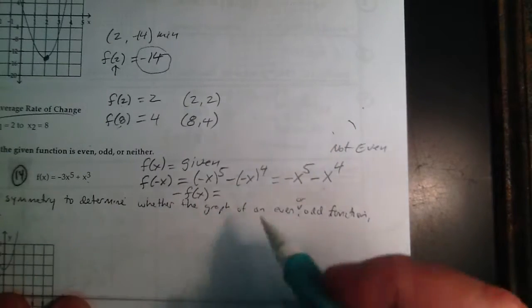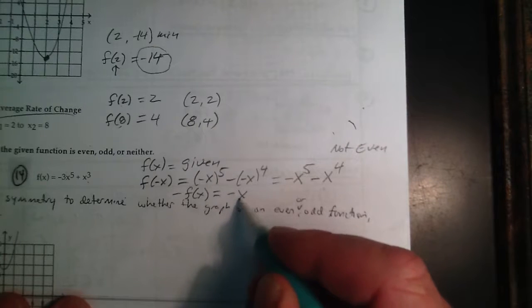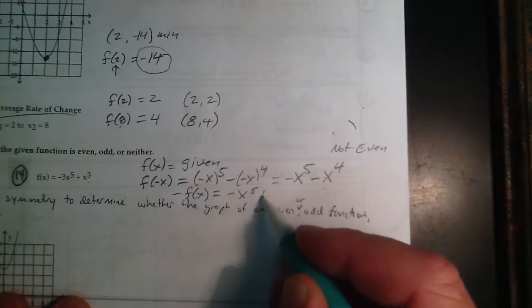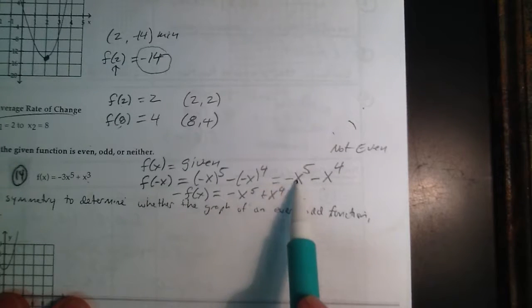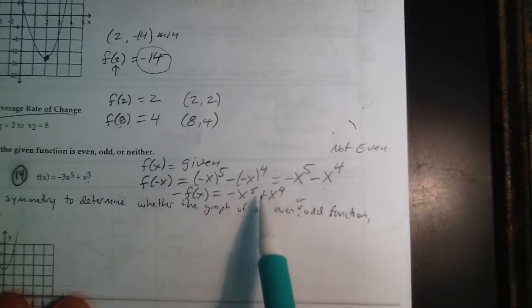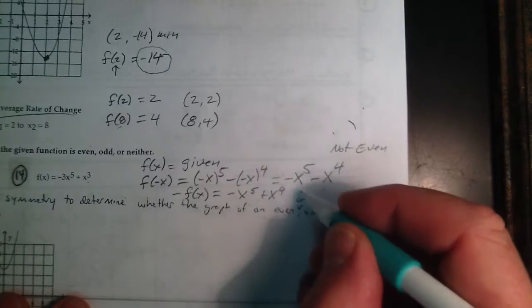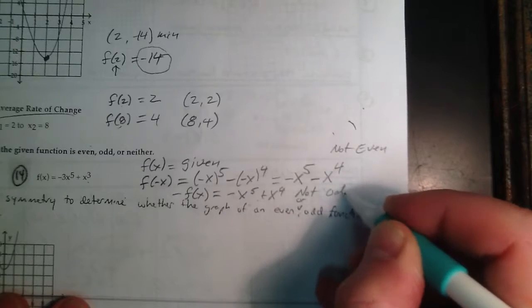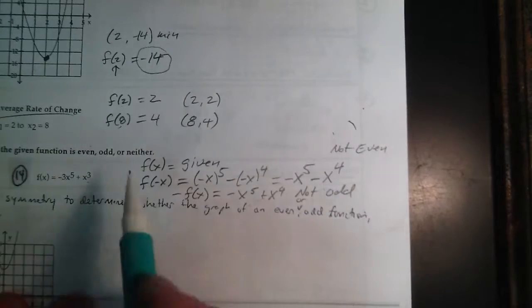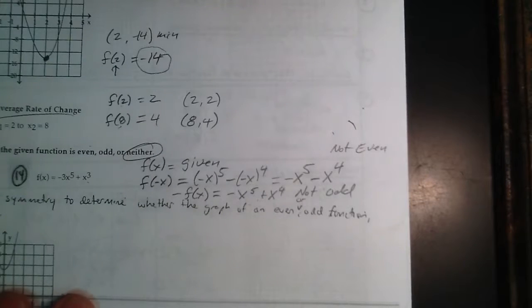This says I'm just going to distribute a negative sign throughout my entire function. Okay, none of these match. This does not match with this. This does not match with this. This does not match with this. So it's not odd. So if it's not even, it's not odd, it is then neither.